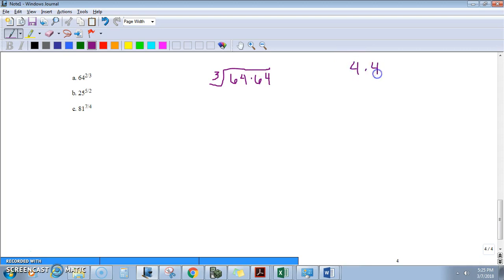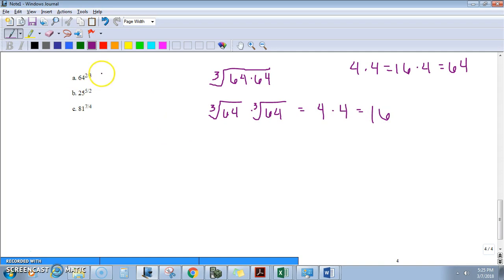Because 4 times 4 is 16, times a third 4 is 64, okay? So what this really means is the cubed root of 64 times the cubed root of 64, which is, oh, don't forget my 3, which just means 4 times 4, which means 16. Okay, so the answer to A simplified would be 16.